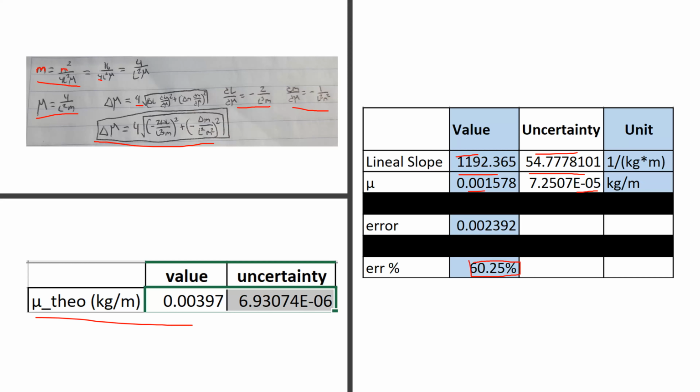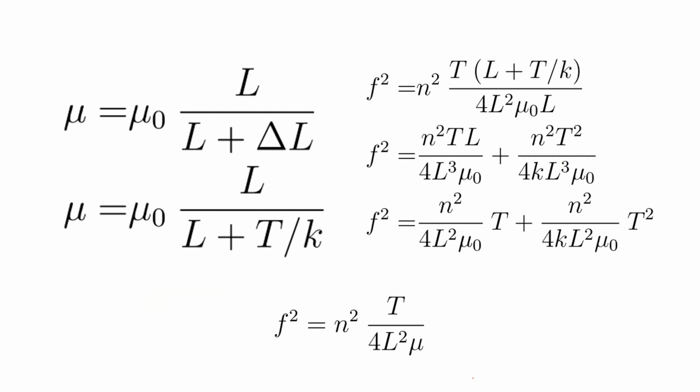Now, why is this? This is because the formula we used is not exact. It assumes one thing, that the linear density stays constant no matter the tension it has. But if we have a string, for example this string right here, and we apply a tension to the left side, the string will actually get longer because the force forces it to stretch.